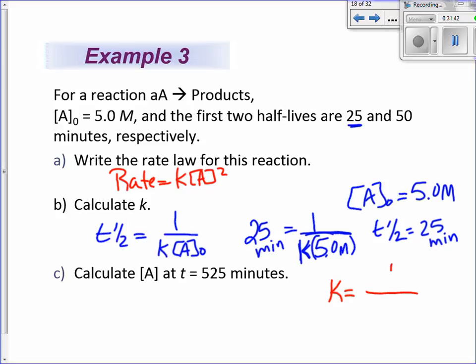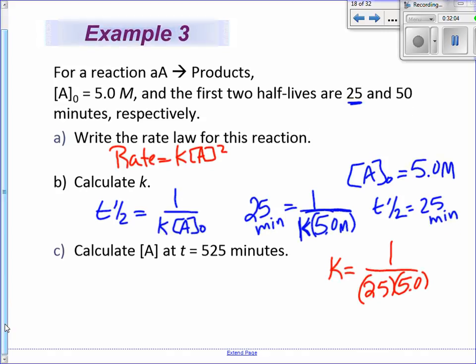So this really ends up being like so, if you're isolating correctly. So our K then becomes this. Now what's the unit on the K? M minus 1, good. Minutes minus 1. This is second order, so you have to have 1 over M on the bottom. Okay?